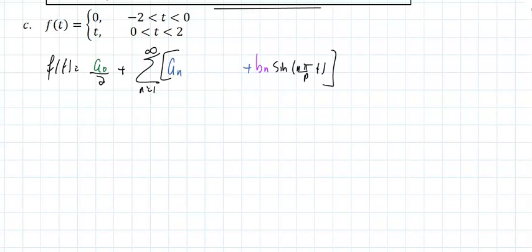So the hard part is pretty much finding a sub n and b sub n.